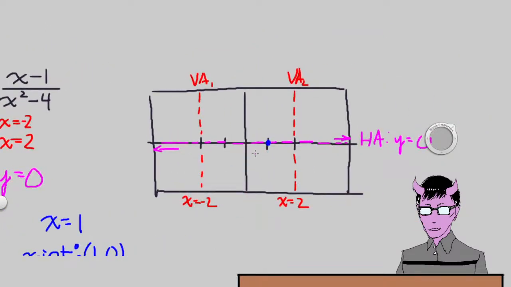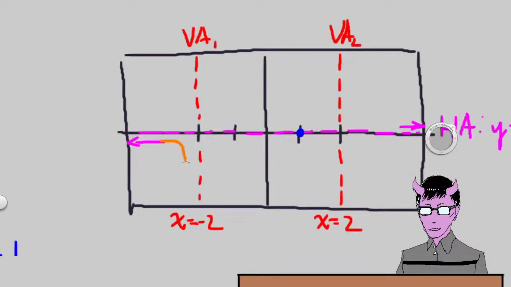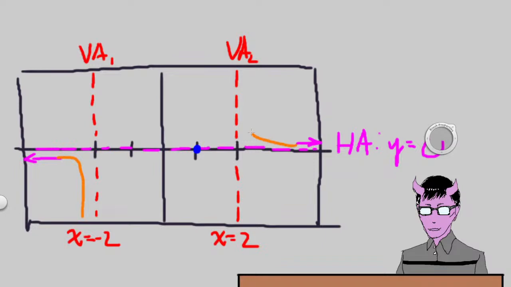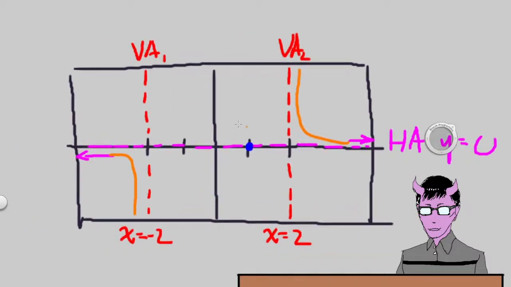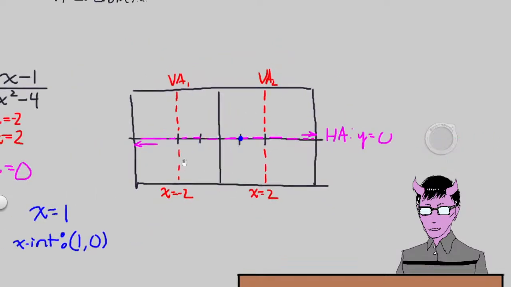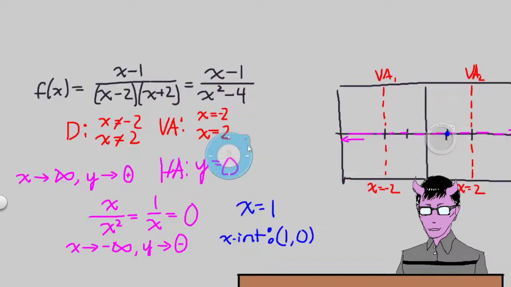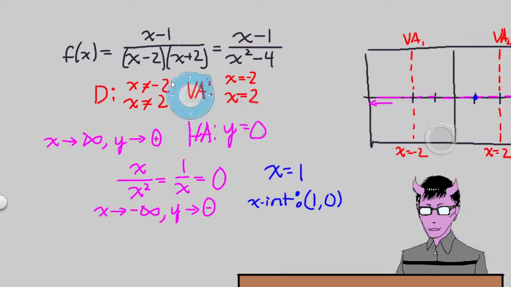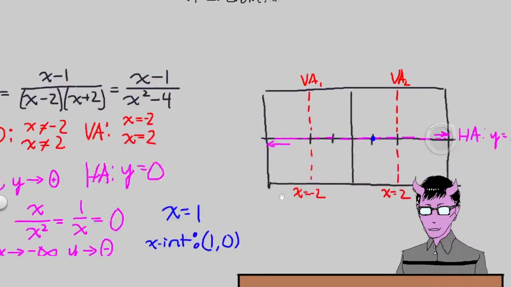And take a guess of what's going to be happening around these things. So it's probably like this, right? Well, what's happening in between? There's a certain symmetry. It's going to look something like this. I promise. Okay, but we're going to do the cheap strats by plugging in one space around the vertical asymptotes.